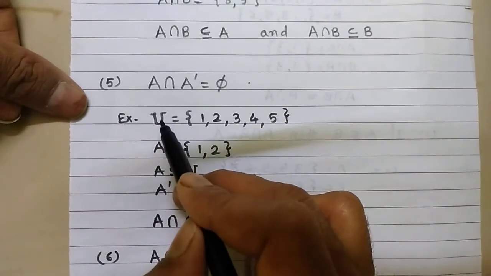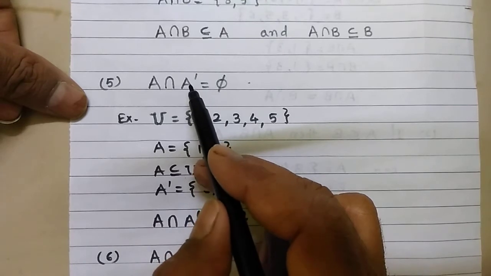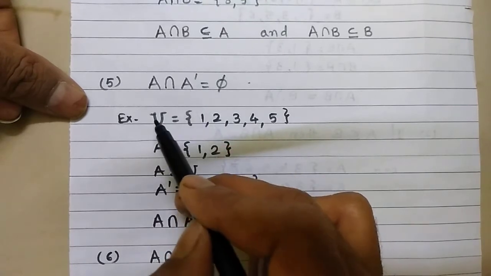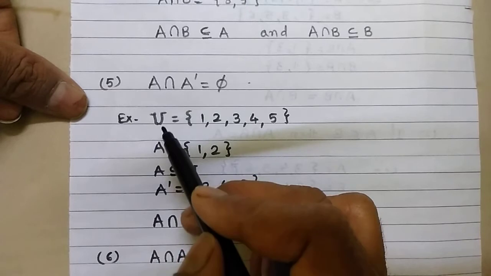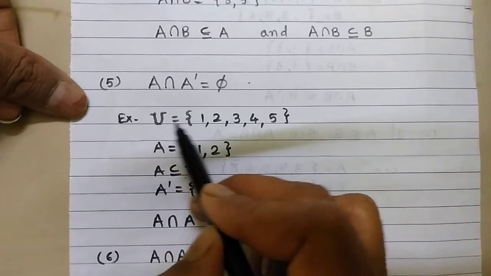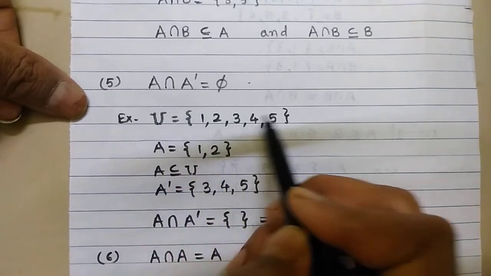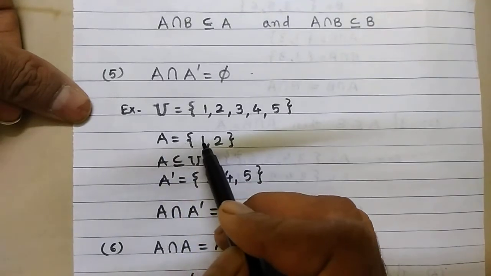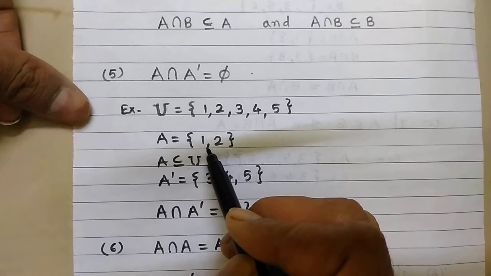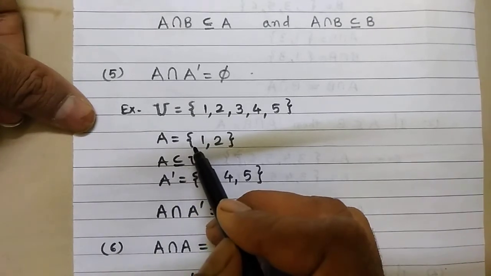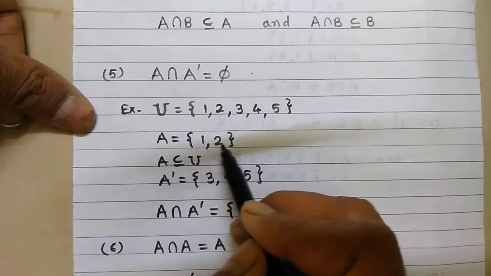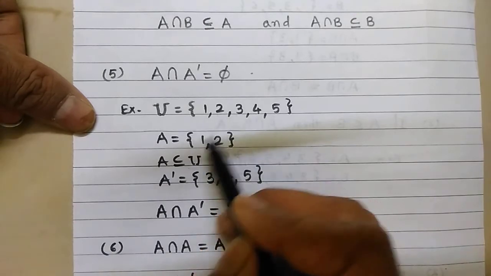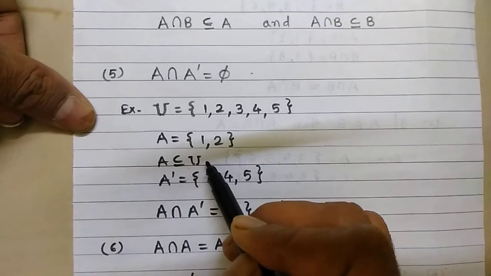It is the universal set. To write the complement of any set, the universal set should be there. This is the universal set U: 1, 2, 3, 4, 5, and A is a set in which 1 and 2 these elements are there. Yes, A is a subset of U. Yes, all the elements of A are present in U. That's why A is a subset of U.